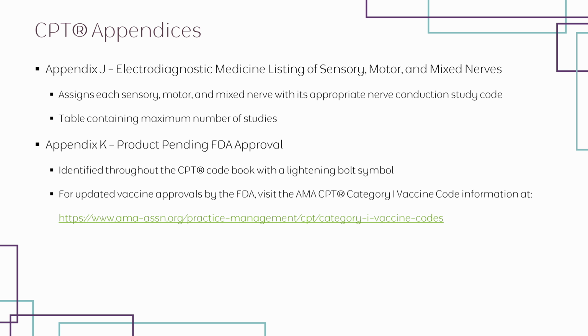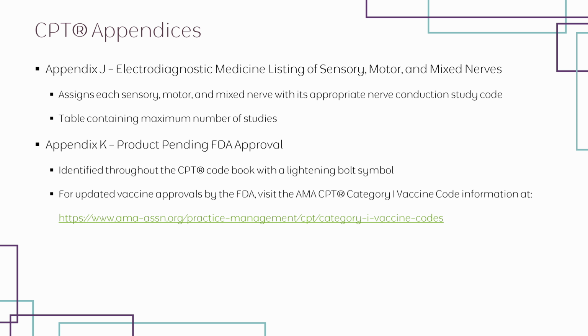Next, let's turn to Appendix K. Appendix K lists products that are pending FDA approval. Some vaccine products have been assigned CPT Category 1 codes in anticipation of future approval, but have not yet been fully approved by the FDA.